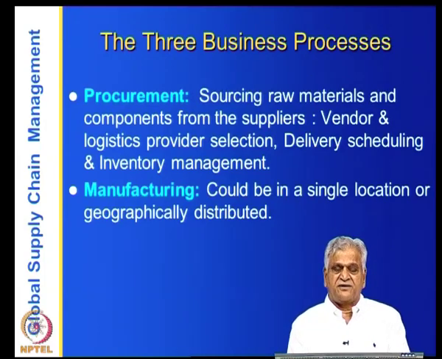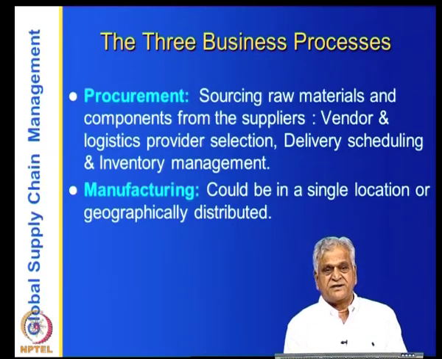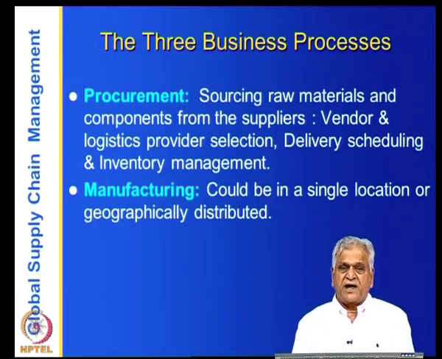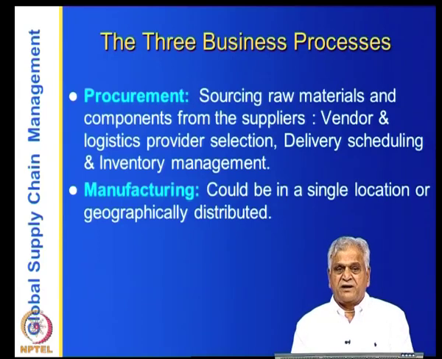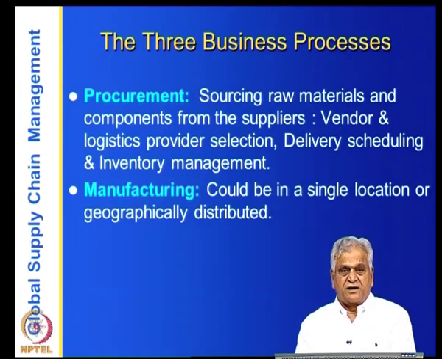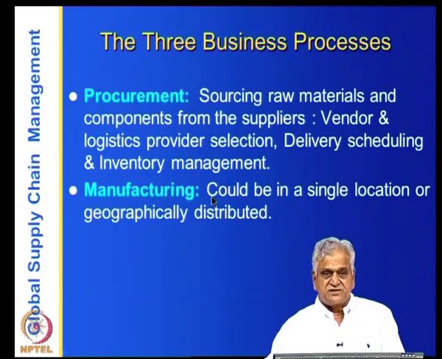In other words, part of the product is done in one location and it is shipped to the other location and so on. So, this kind of thing happens in apparels. For example, in the apparel industry, we will see this particular example in more detail in the later lectures of this course.